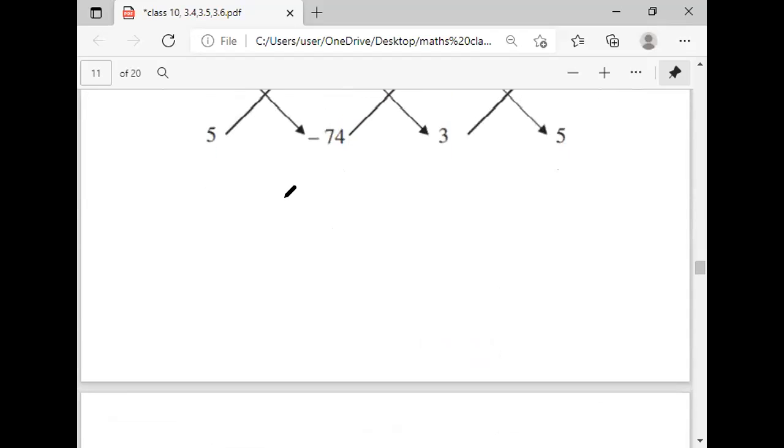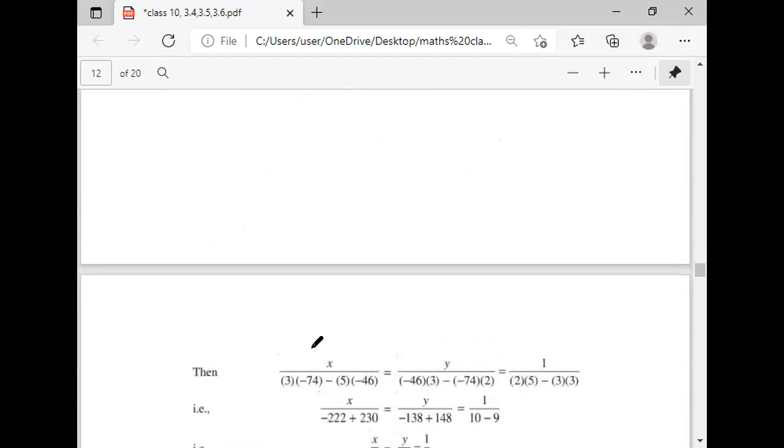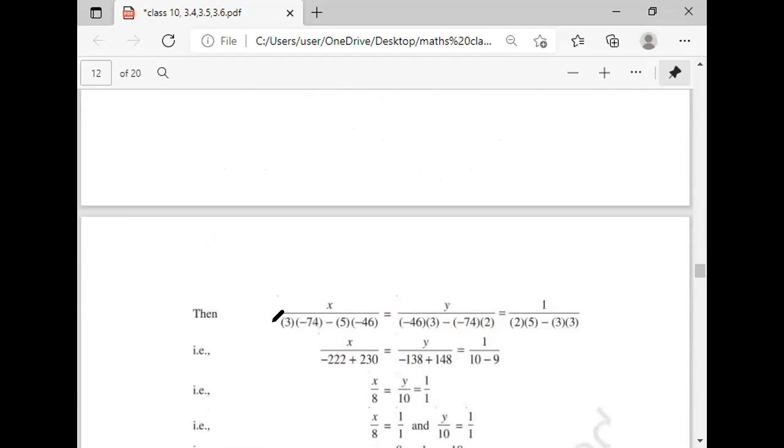And we are multiplying it. x divided by 3 into minus 74 minus 5 into minus 46, and similarly these expressions are written.